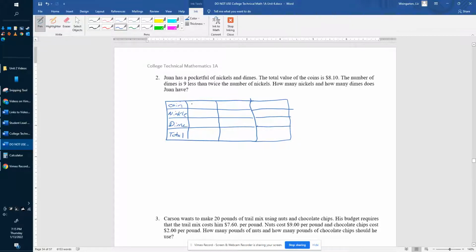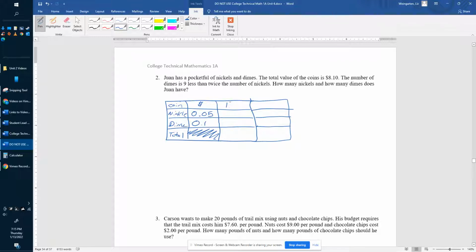So this is the value of the coin, giving us a total value of all the coins put together at $8.10. So I'm going to put these in terms of dollars instead of saying that they're worth 5 cents and 10 cents. So this is worth $0.05. This is $0.1. Total doesn't make any sense for this, so we'll just not worry about it.